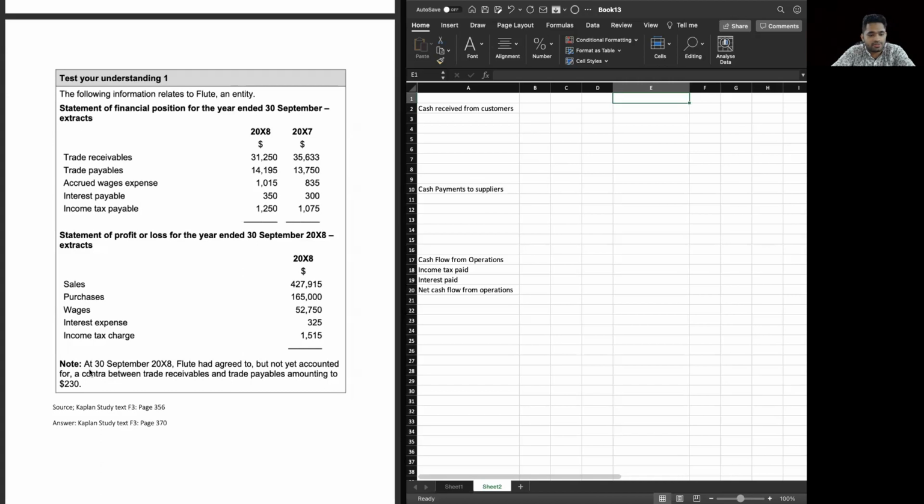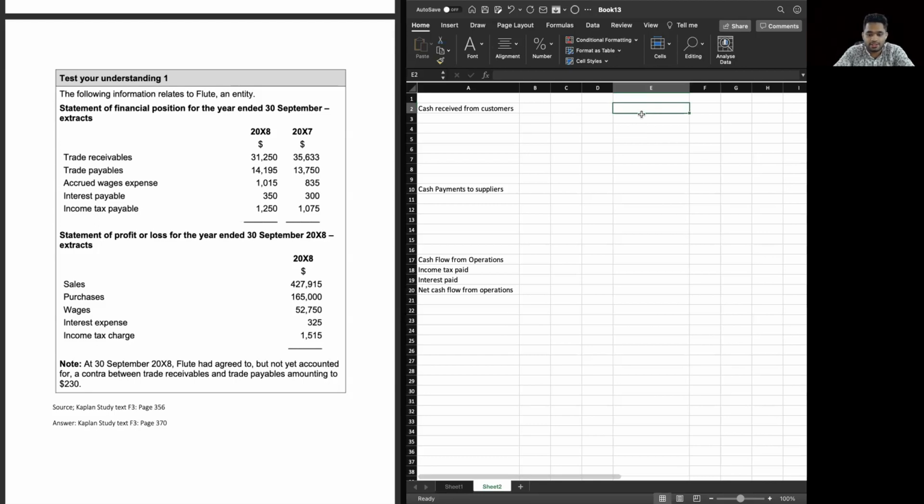Now there is a note that is given to us at 30th September 2008. Flute had agreed to, but not yet accounted for, a contract between trade receivables and trade payables amounting to 230. So there is going to be a set off between your trade receivables and trade payables.